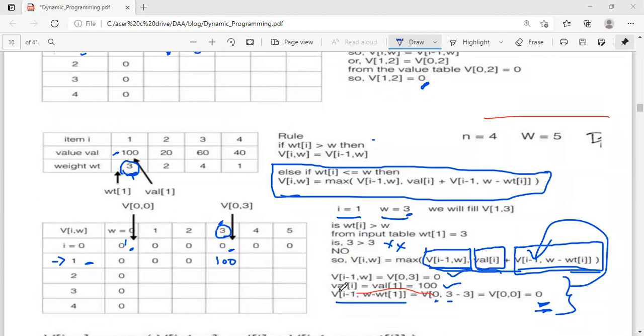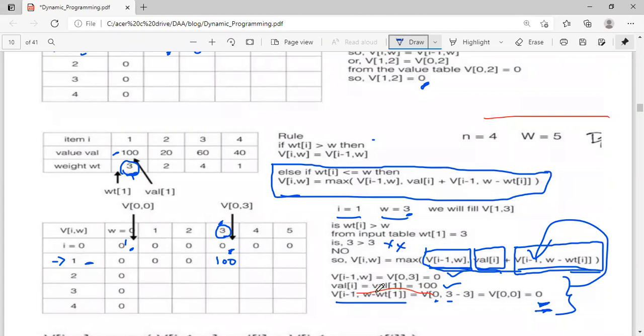Now here V of I minus 1 comma w is equal to V of 0 comma 3. We are substituting. I minus 1 means, what is our I? 1. 1 minus 1 is 0. What is w? 3. V of 0 comma 3 in the table is 0.